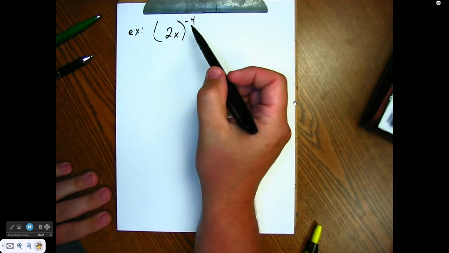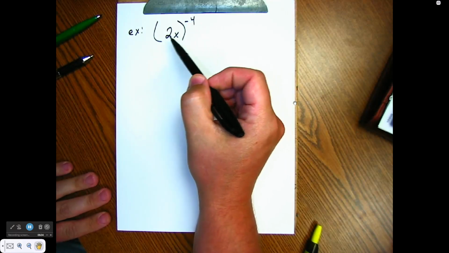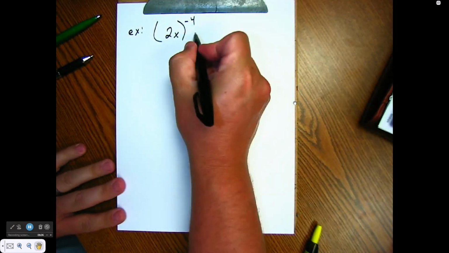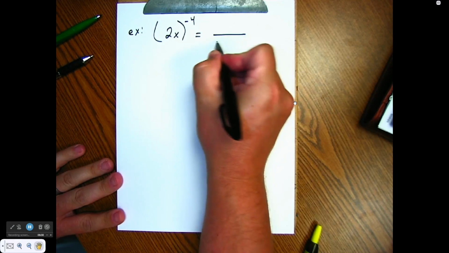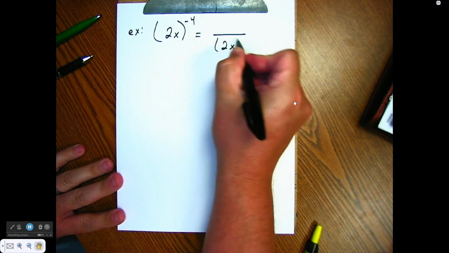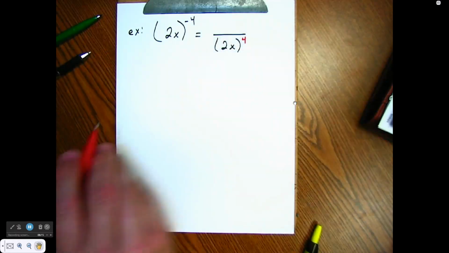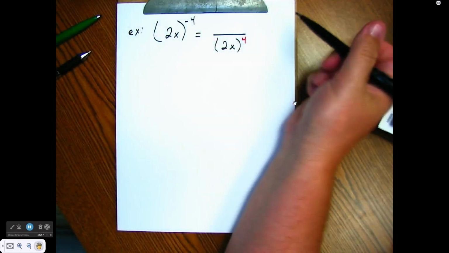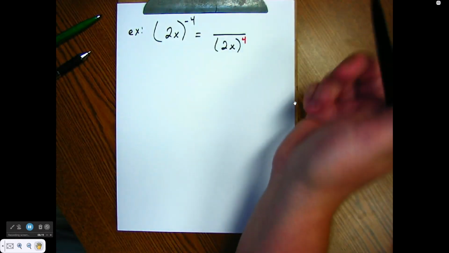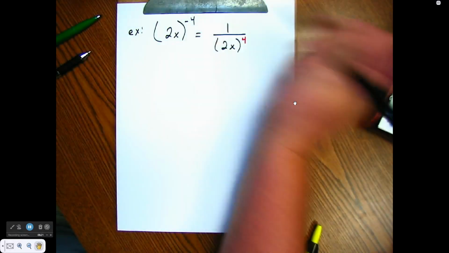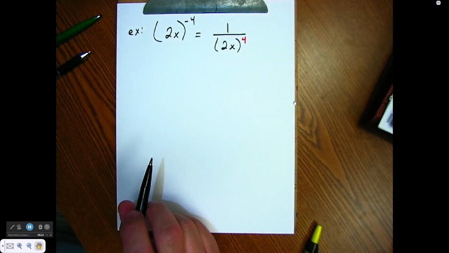Well, now this -4 has authority over every single thing in this parenthesis, so here's what's going to happen. Everything is going to fall down into the denominator. The exponent now becomes positive. I can't just show nothing on top. No, it's not 0. You have to show the 1 that's up there.